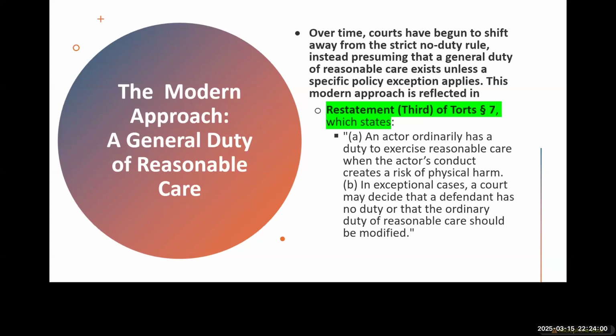The shift moving duty away from foreseeability in this more modern approach creates a broader assumption of responsibility. What does that sound like? That aligns with the dissenting opinion by Justice Andrews in Palsgraf.